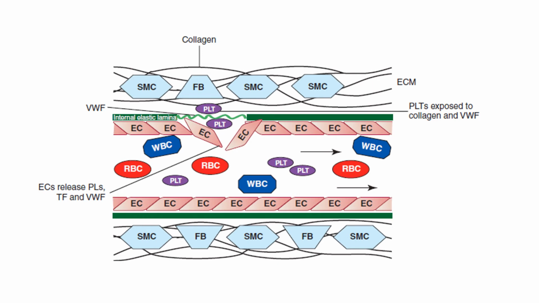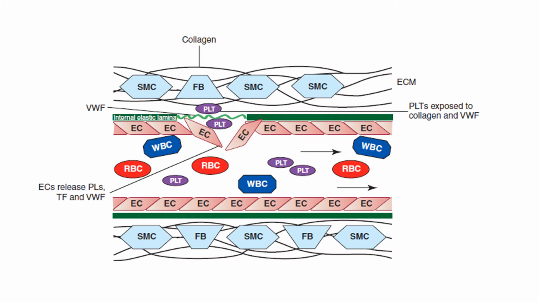This illustration shows us the steps that we have mentioned. This is inside the blood vessel. The pink EC means endothelial cells, and then of course PLT is platelet, WBC, and red blood cells.